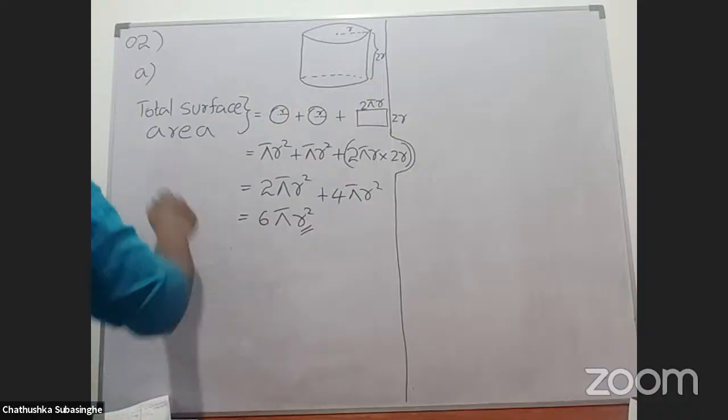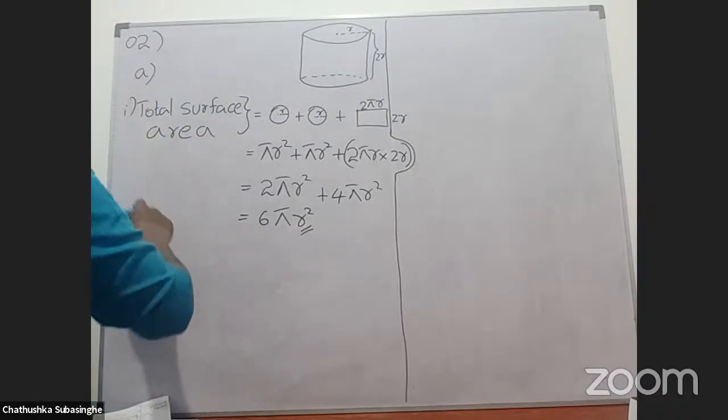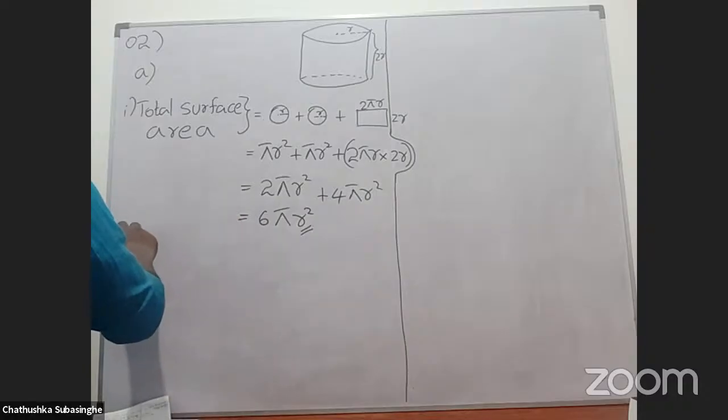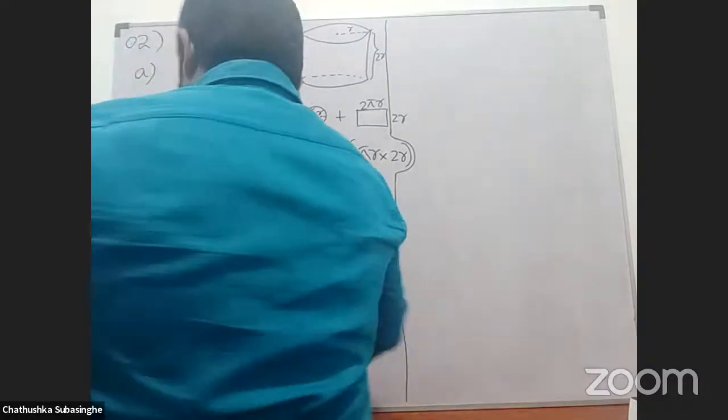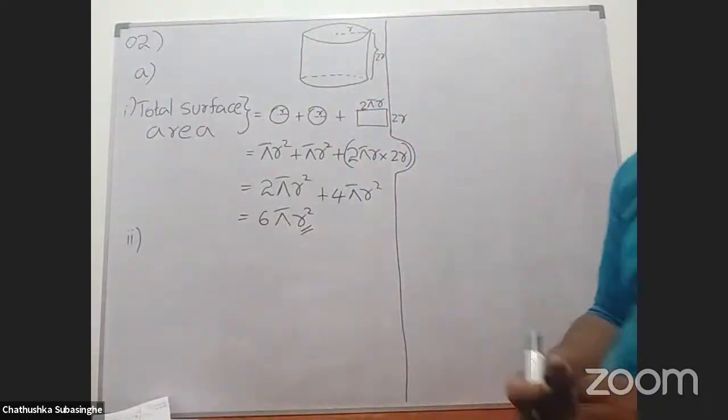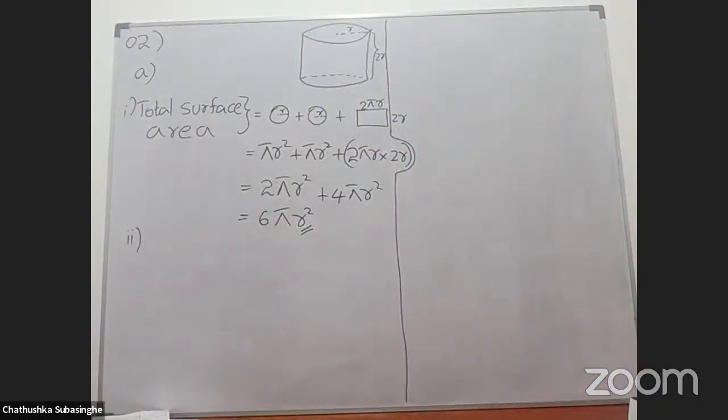Then question number 1, A1, then A2, question A, Roman number 2. If the cost of painting the surface area of the cylinder at the rate of 1 rupee per square unit is 24 pi rupees, find the value of r.